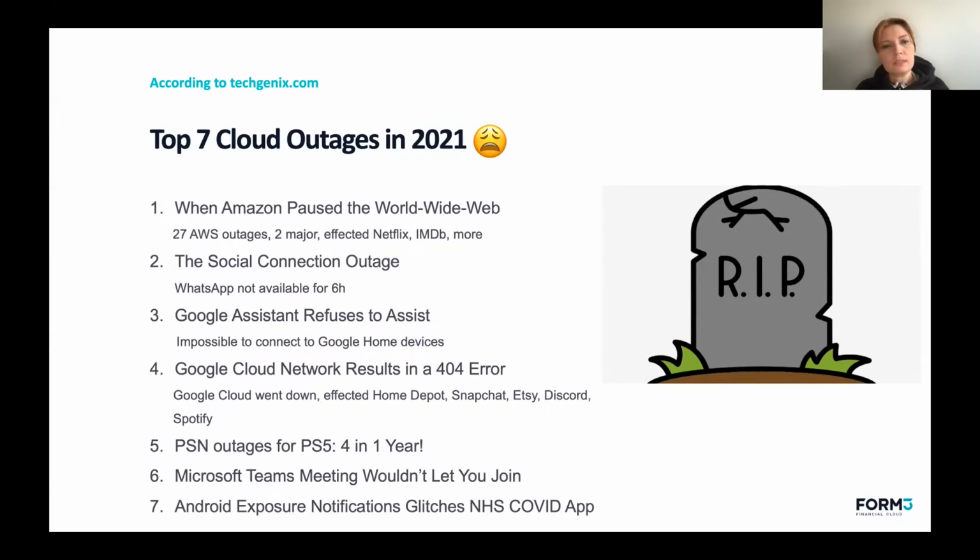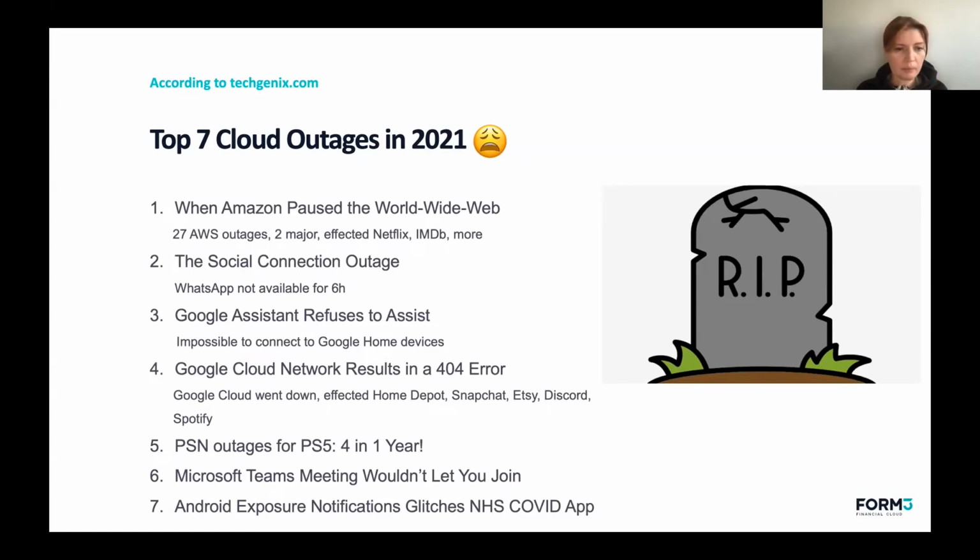And you can see outages among major cloud players like Amazon, Google, Microsoft, etc. I'm pretty sure that most of you were hit by one or more of those outages in the past.